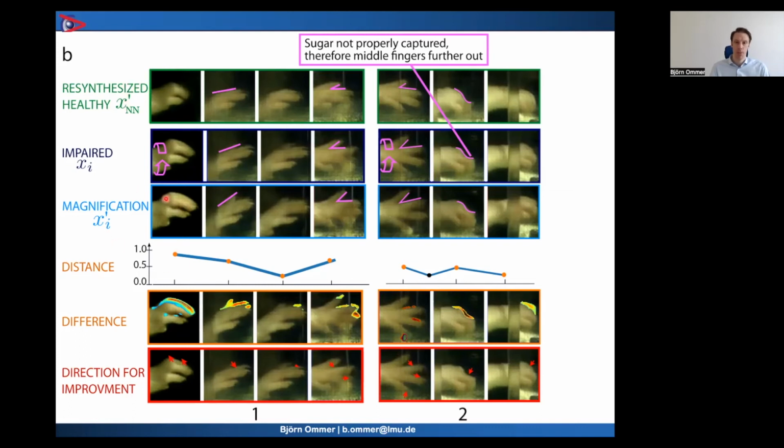The third row is the magnification of their deviation, which makes the difference in paw rotation in the second column here much easier visible than if you were to do it directly between the frames. And we can also automatically measure the differences here in the second last row between the reference and the impaired frames.